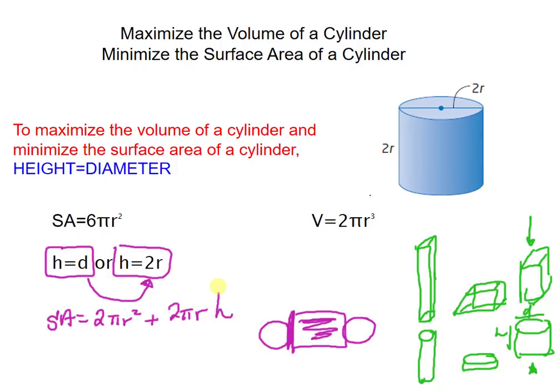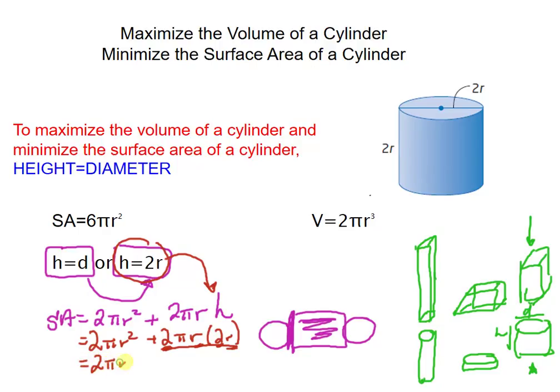So here's where we get the formula. What does the height equal? 2r. Take the height, plug it in where the h is. So we have 2 pi r squared plus 2 pi r times 2r. Well, what's 2 pi r times 2r? I get 4 from the 2 times 2, and r squared from the r times the r.